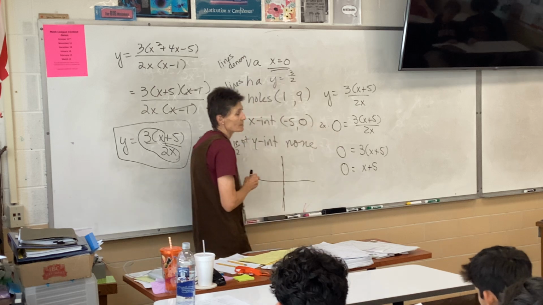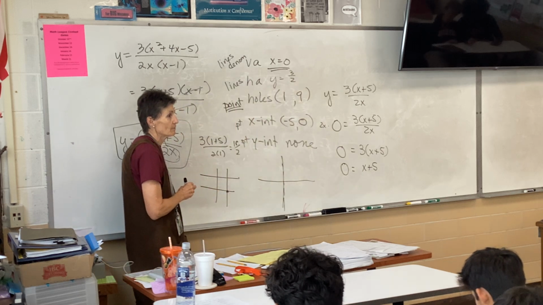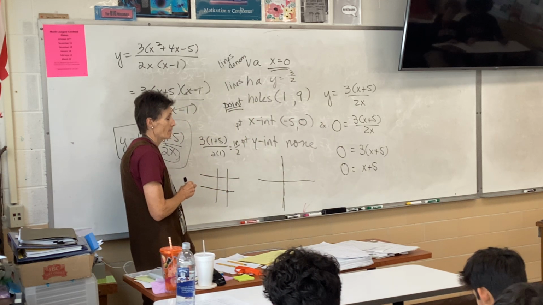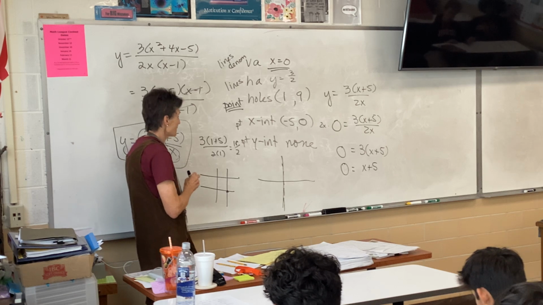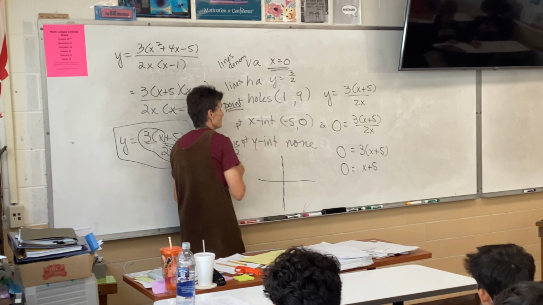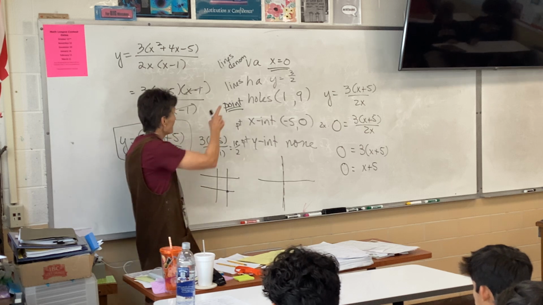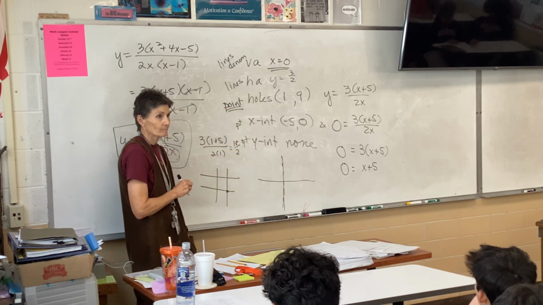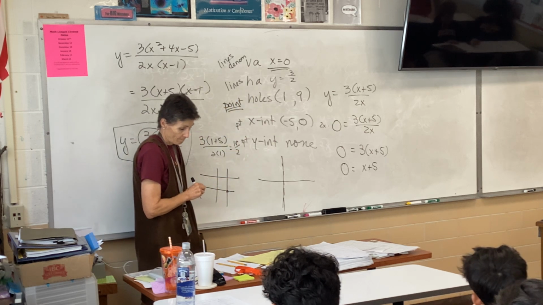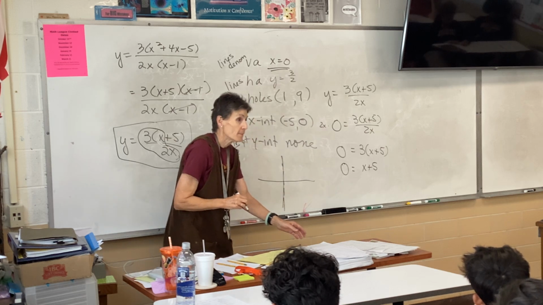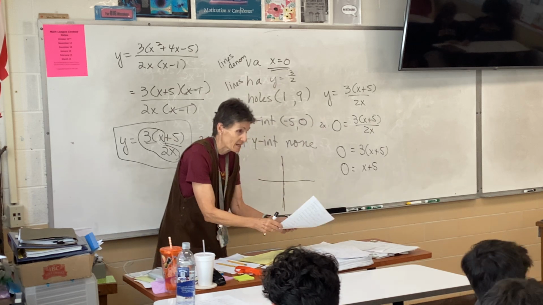So my x-intercept is at -5. Most of the time you'll have a y-intercept, but the only time that we wouldn't have a y-intercept is if you have an asymptote there.